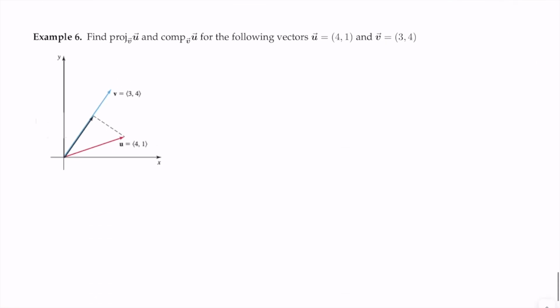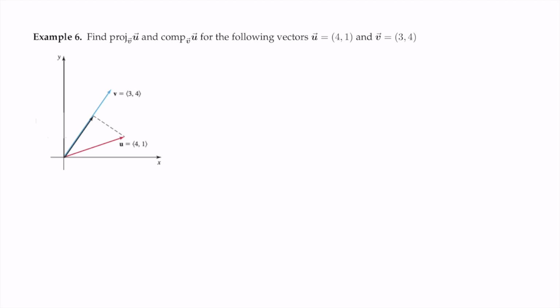Now for the last example in this lecture, we're going to find the vector projection of u onto v and the scalar projection of u onto v. So you have to be careful in this case when you calculate the projection vector and the scalar projection, because it's no longer v onto u, but in this case, this is u onto v.